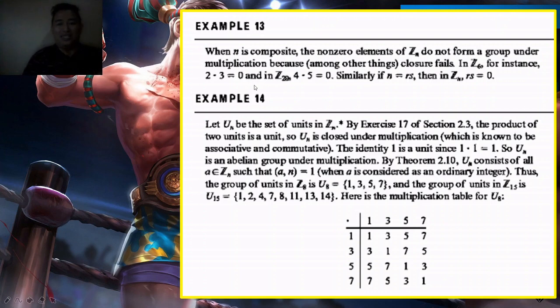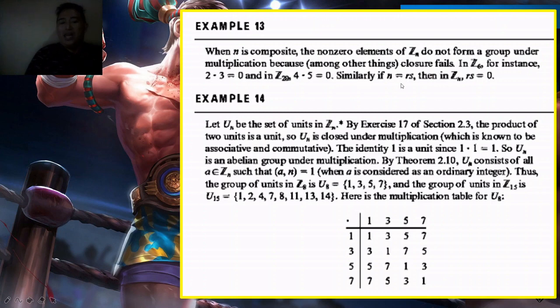And then in Z20, okay, in Z20 class, 4 times 5 is equal to 0. Again, sa closure property, fail na daan sila kay dapat kasi naa sa non-zero elements of Zn ang product. Unya, 0 man ilahang product. 4 times 5 is 20, so 20 is 0 in Z20.